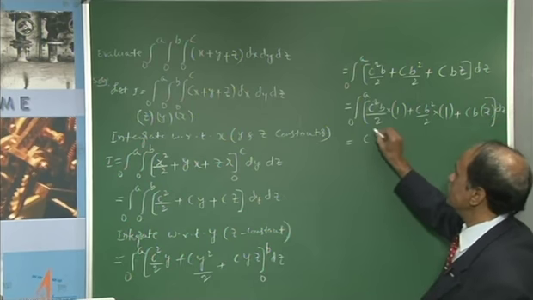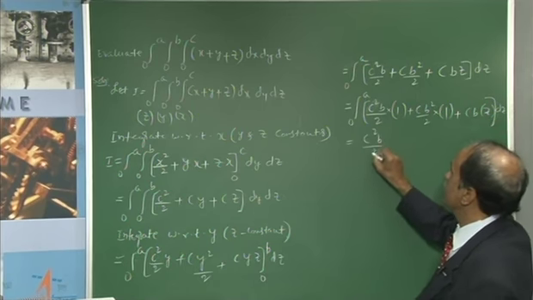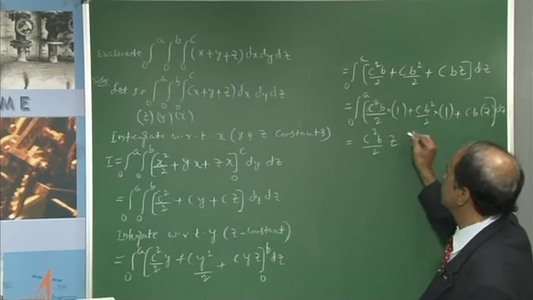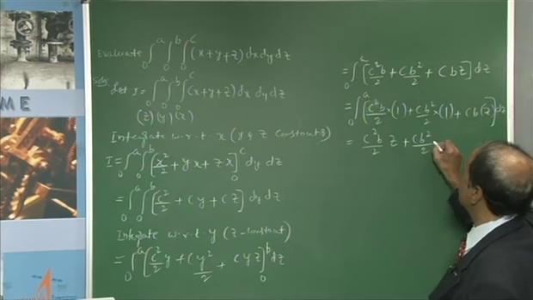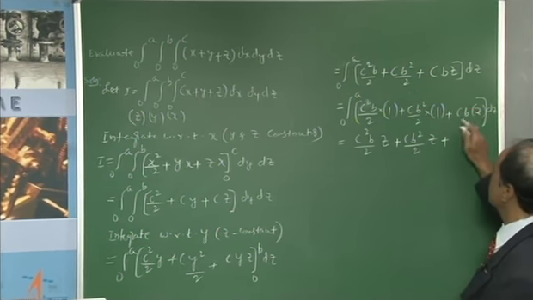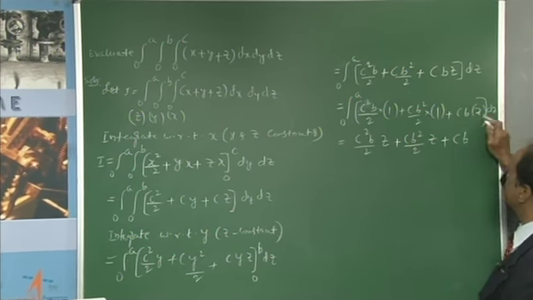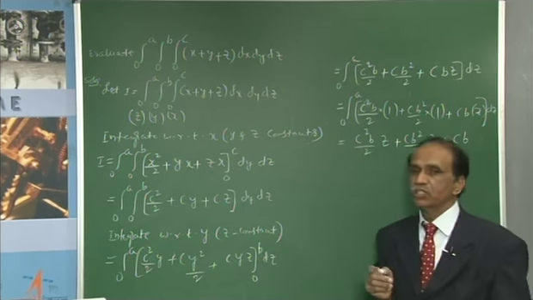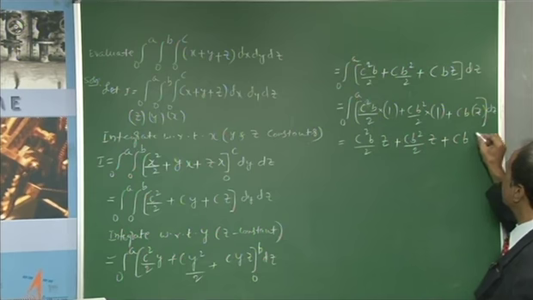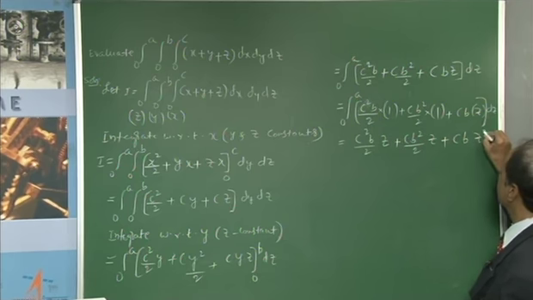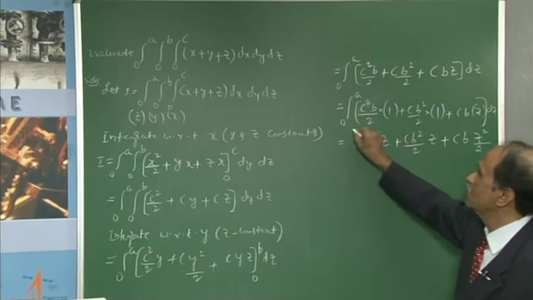Finally, c square b by 2, that is z, plus c into b square divided by 2 into z, plus c b. Here z is there. In the other two terms z was not there, but here z is there. That you can write as z square, the integration with respect to z is z square divided by 2.